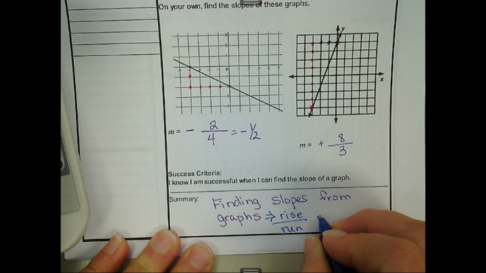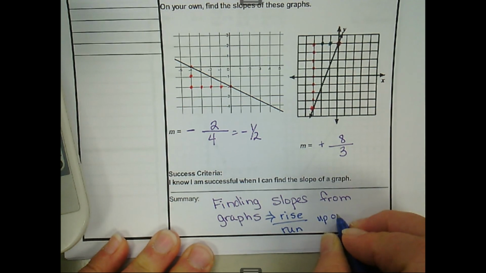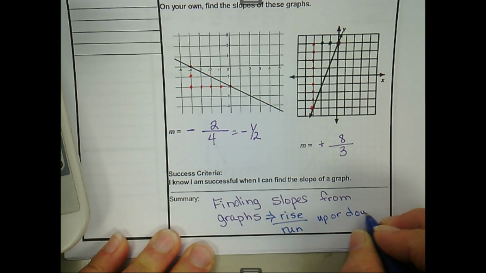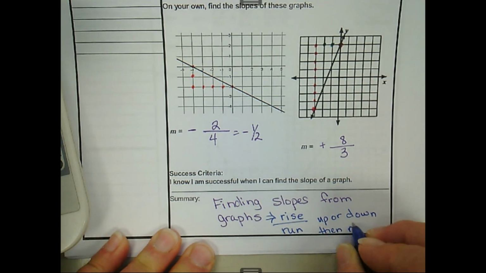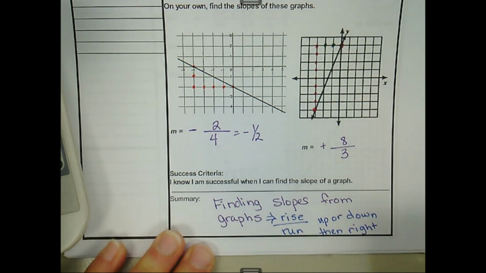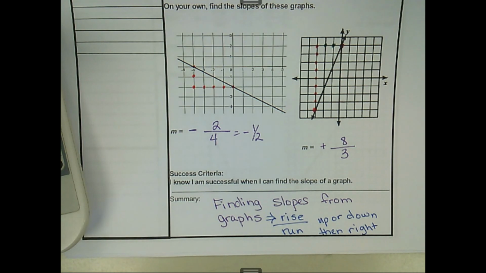That means you go up or down first, then right. You're creating those right triangles and then you count those boxes. Good luck with your practice.